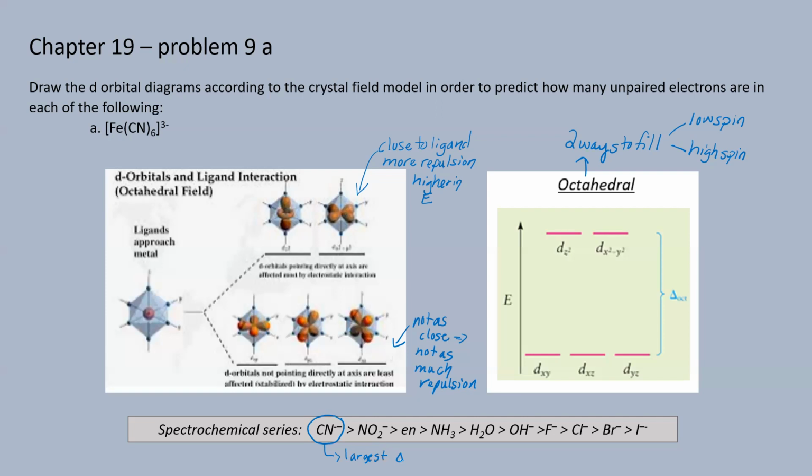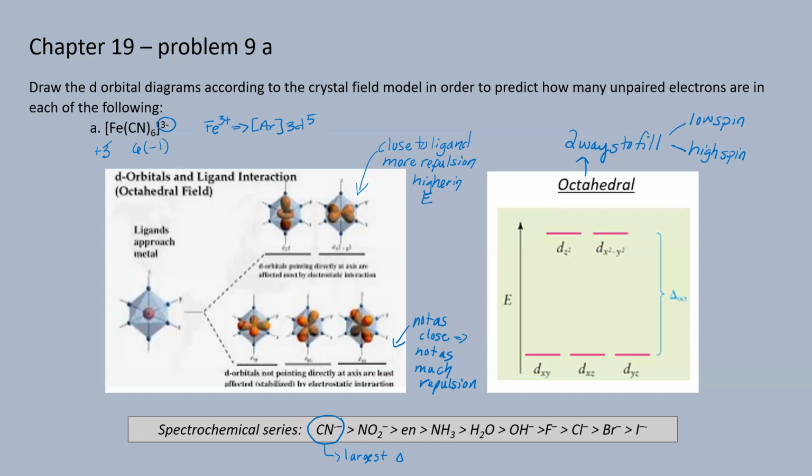All right, so now we need to know how many electrons we are going to put into this splitting pattern. If we go over to our formula, cyanide is -1. So we have 6 negative ones, but the total on this is -3. The only way that could be true is if the iron was +3. Now if we look at the periodic table, an iron with a +3 charge has an electron configuration of argon 3d5.